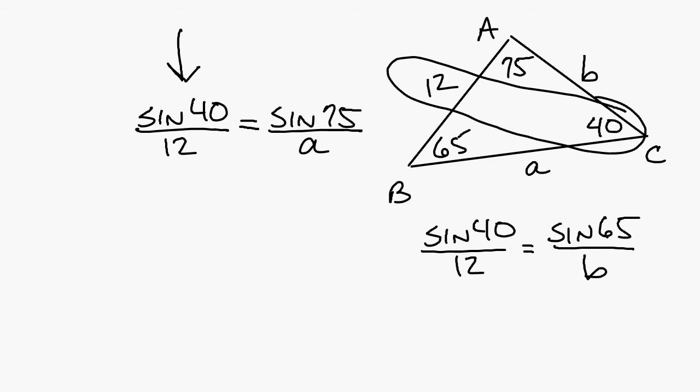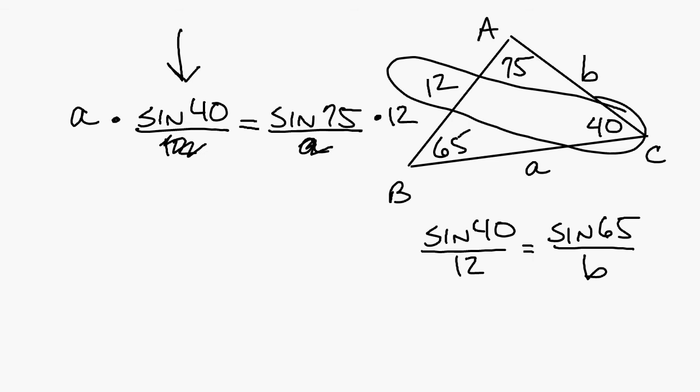Okay? And then you get faster at this because what you can really do up here is you're going to be multiplying A by sine 40, right? So you can do this times A and get rid of that. And you're going to be multiplying 12 by sine 75. So you can just put times 12 and get rid of it, right?